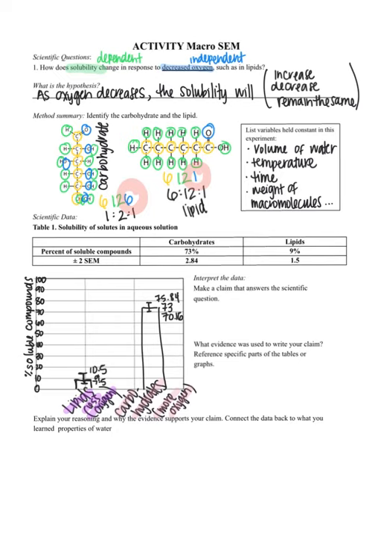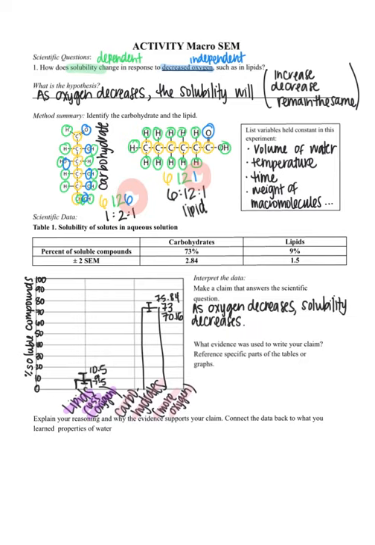So carbohydrates that have more oxygen are more soluble than lipids, and we can see that there is a statistically significant difference. So my claim, based on this data, in response to the question asking about decreased oxygen, would be that as oxygen decreases, like in lipids, the solubility decreases as well.